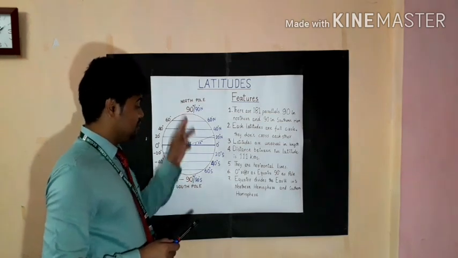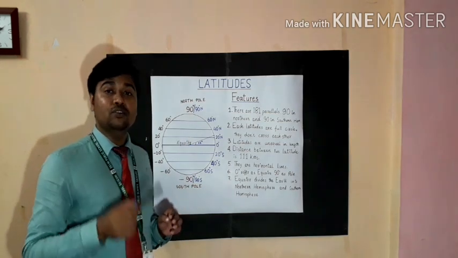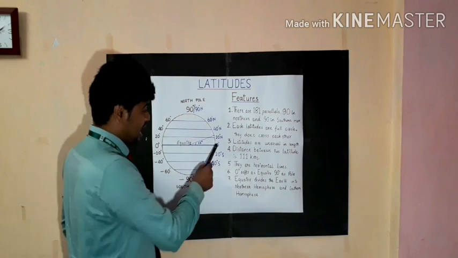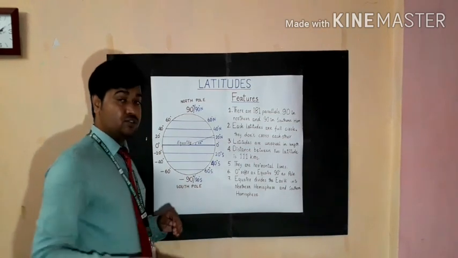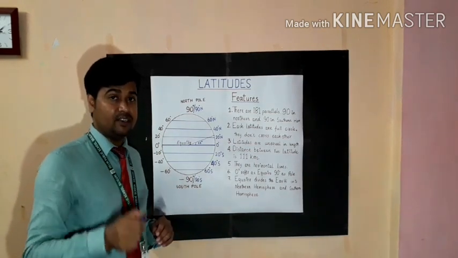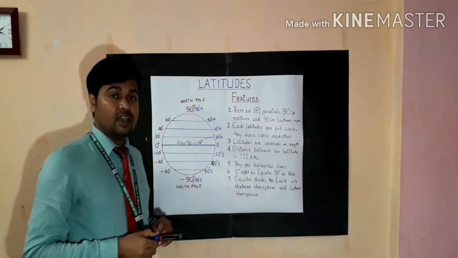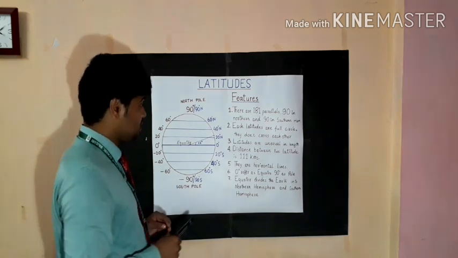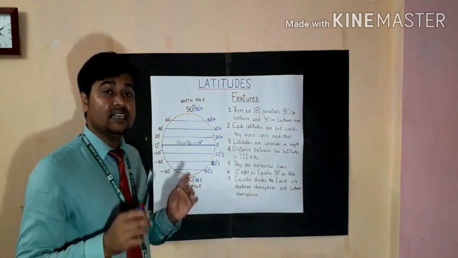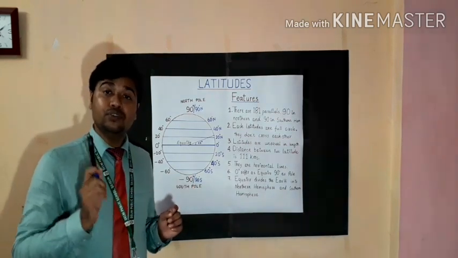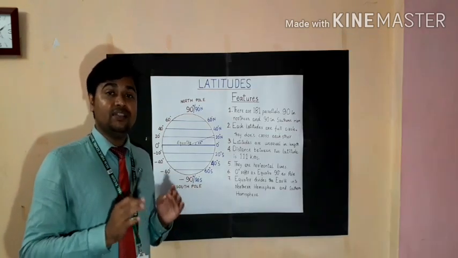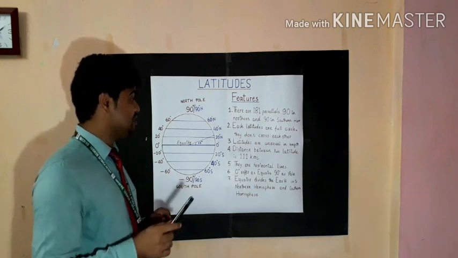So 90 plus 90 is equal to 180 and 1 equator. So the total number of latitudes is 181.